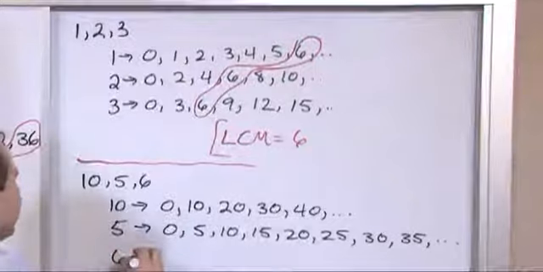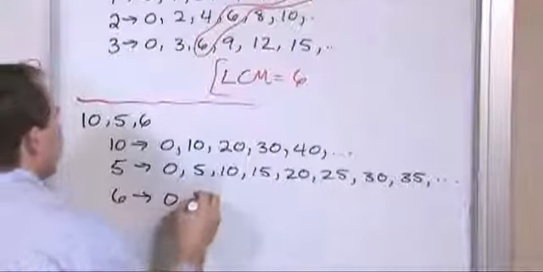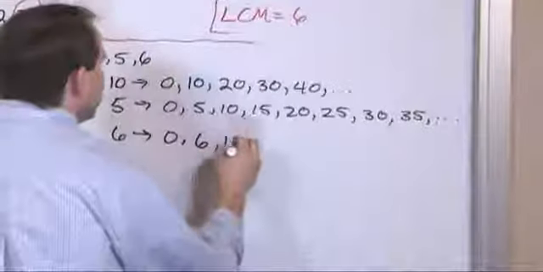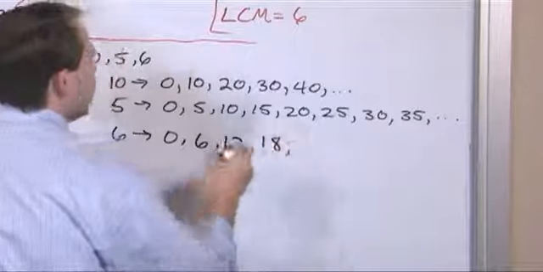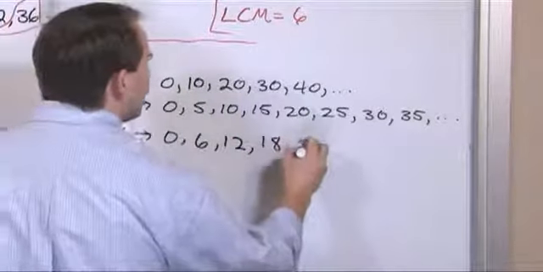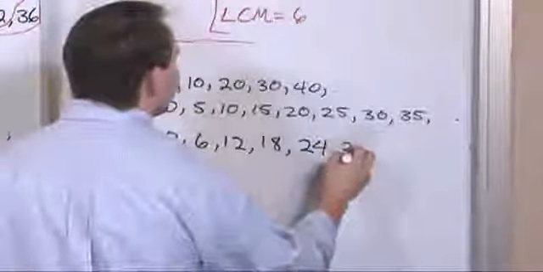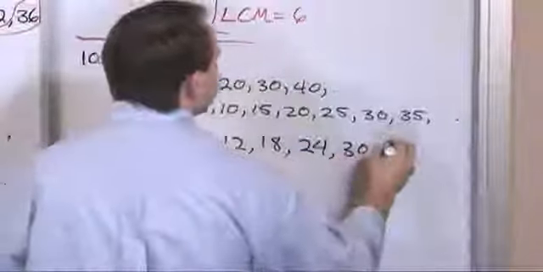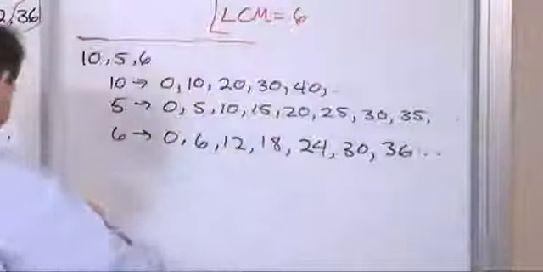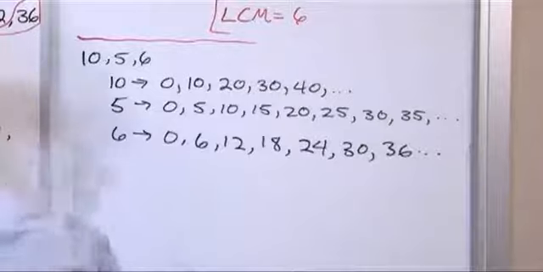And for 6, we count by 6s. So 6 times 1 is 6, 6 times 2 is 12, and then 18, and that's 6 times 3, so 6 times 4 is 24, 6 times 5 is 30, 6 times 6 is 36, so we can just stop there. And we look at the numbers here.